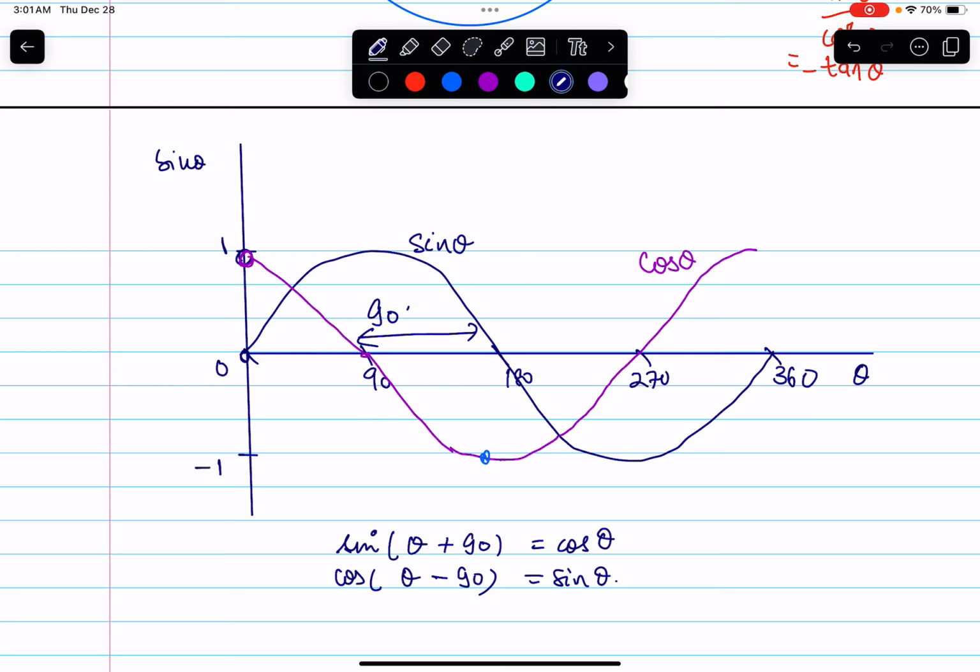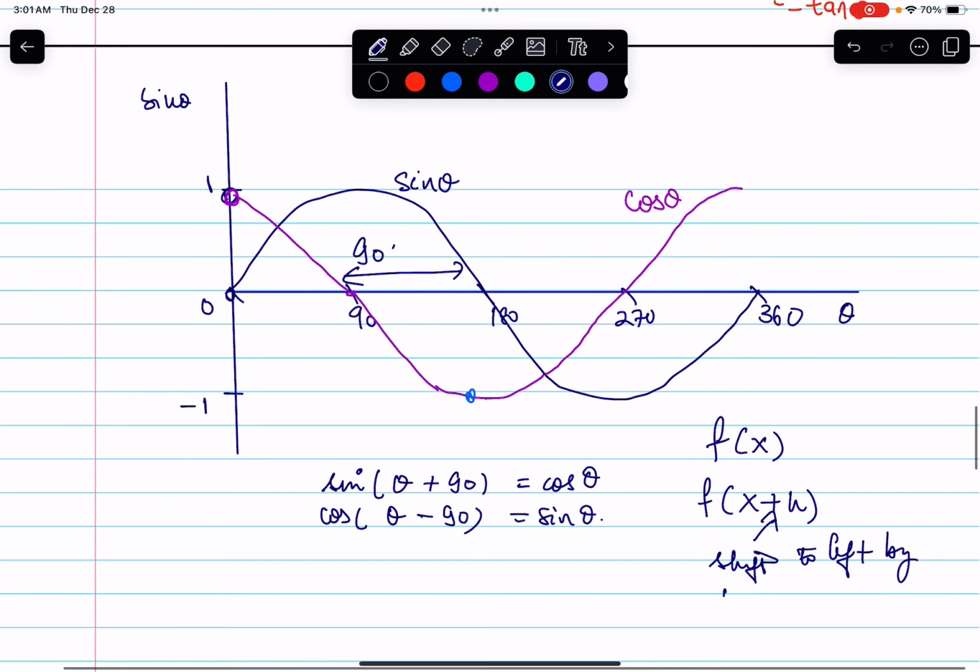The reason is that if you have a function y equals f of x, then f of x plus h simply shifts it to the left by h units. This is just the transformation of a function.